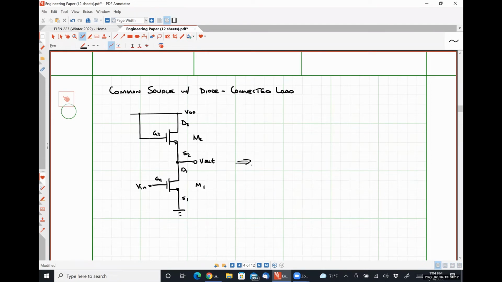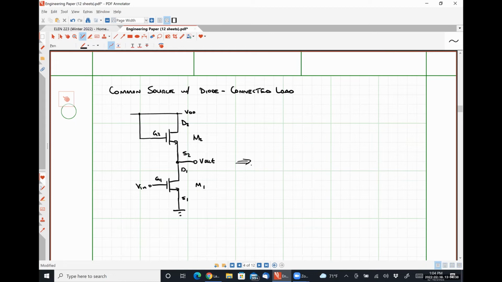What is the operational state of transistor M2? So VDG is, right, yes, it's greater.